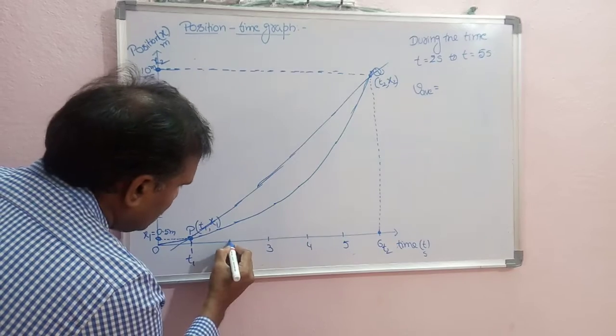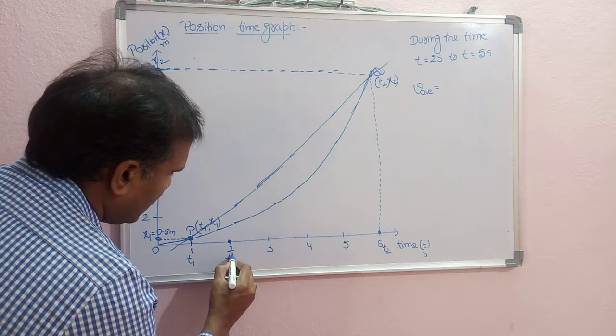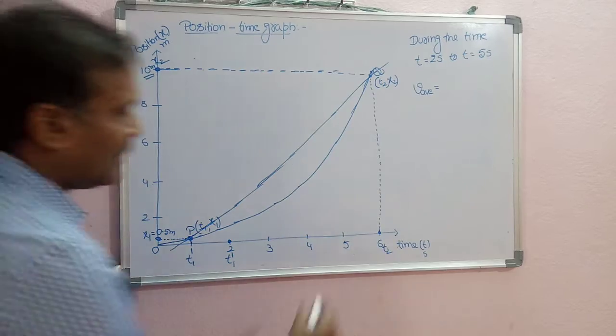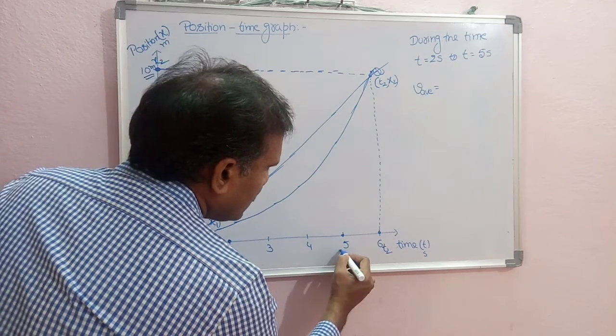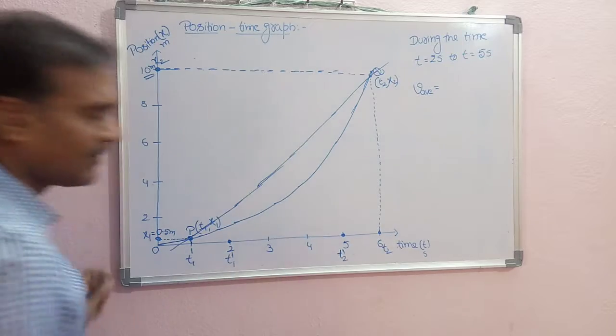Okay, here 2 seconds is to be taken as t1 dash and 5 seconds is taken as t2 dash.